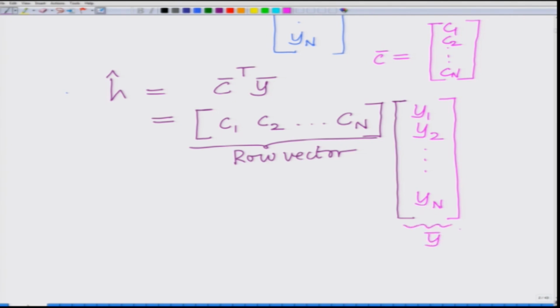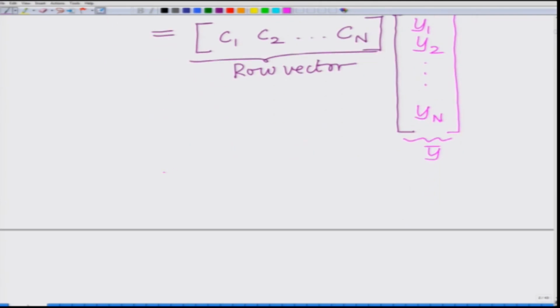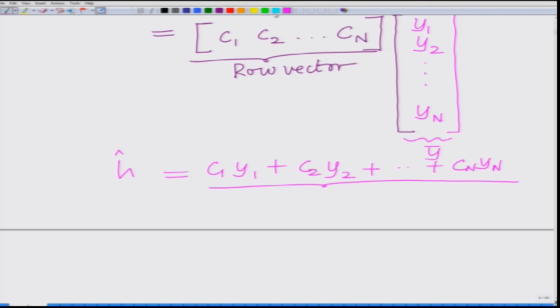Therefore, C bar transpose y bar, so your H hat, equals C1 y1 plus C2 y2 plus so on up to Cn yn, and as you can see this is linear because this is a linear combination. So, we are obtaining the estimate by a linear combination of the observations.